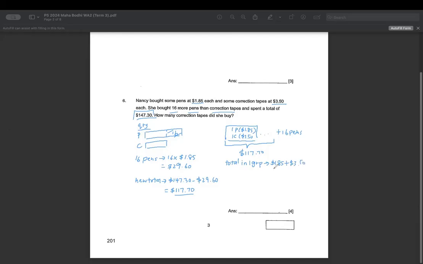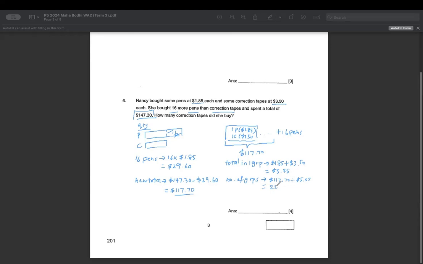Because it's 1 pen and 1 correction tape, that will give us a total of $5.35 for one group. To find the number of groups, you take the total, divide by the total of one group. So you take the total and divide by $5.35. You key into your calculator, you will get 22 groups.